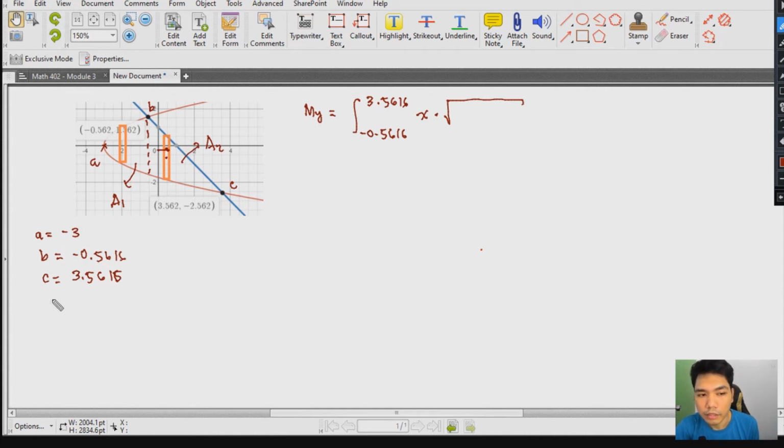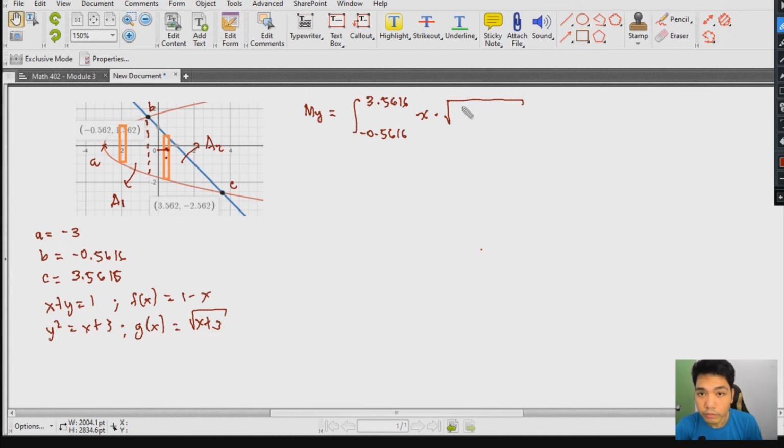F of x is, my equation, we have x plus y is equal to 1, and y squared is equal to x plus 3. So, your f of x is actually equal to 1 minus x, and then yung g of x mo would be equal to the square root of x plus 3.